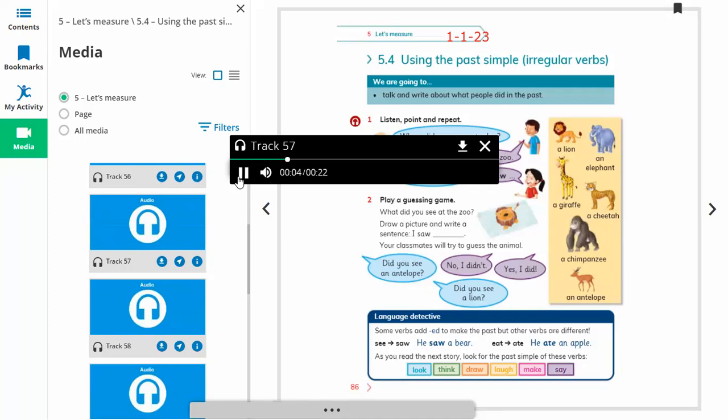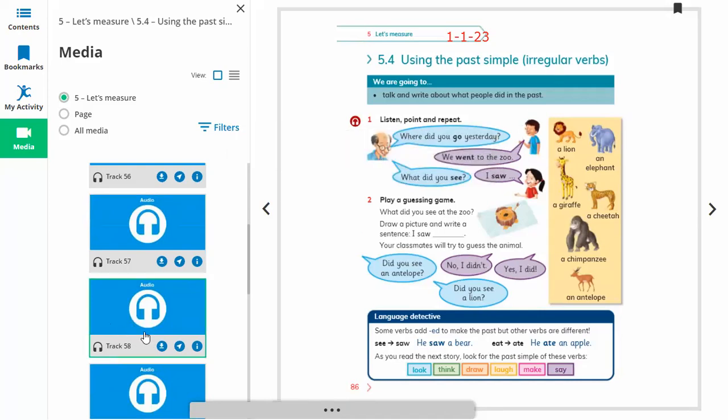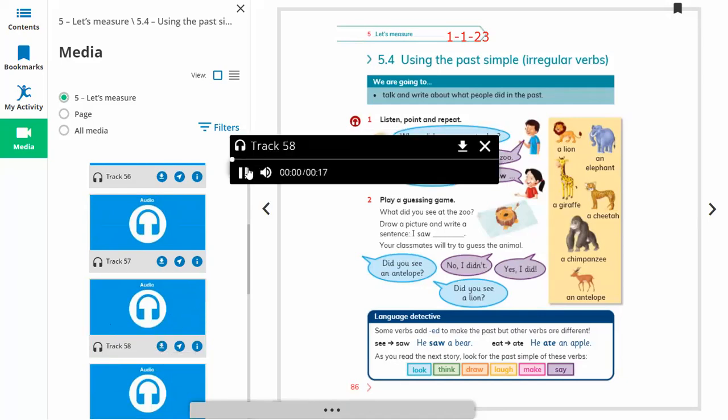Heart. Triangle. Circle. Track 58. Where did you go yesterday? We went to the zoo.